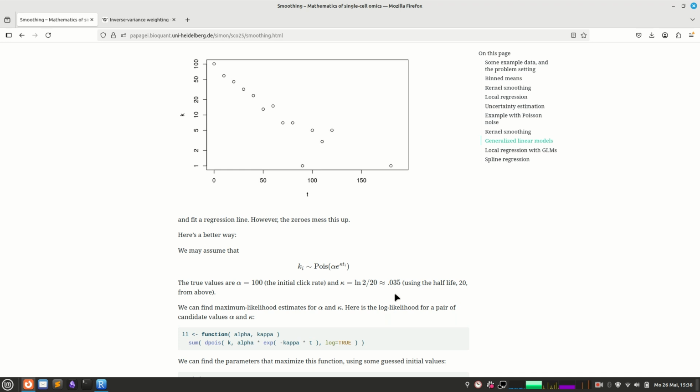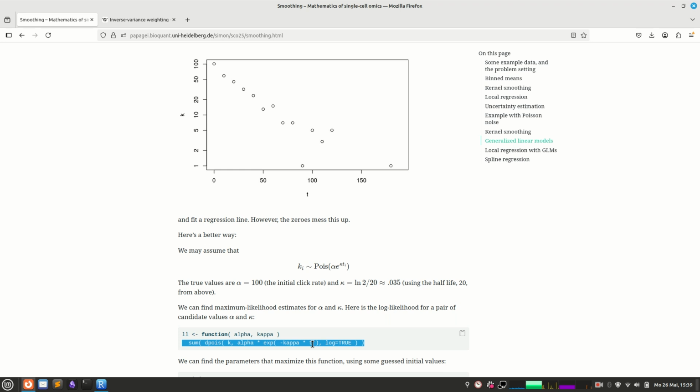And that's what I do here now. Here is the log likelihood. It takes alpha and kappa, and this dpois means the Poisson mass function at position k using this rate parameter, and don't give me the function itself, but its logarithm. So this, this is just R syntax for this here.